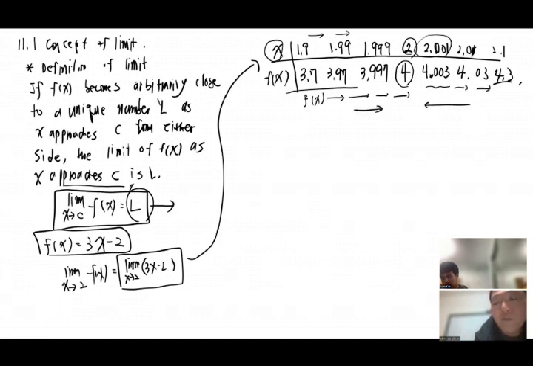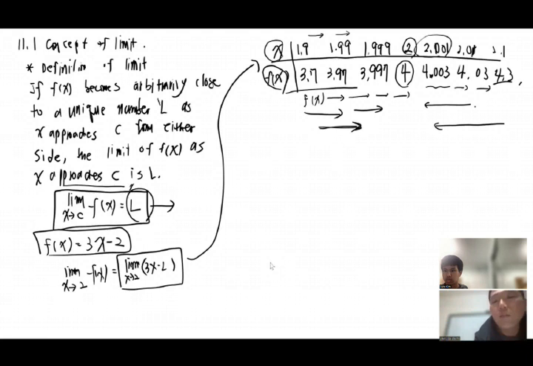So depending on which direction you're looking from, as x approaches the number 2, f(x) also approaches number 4 from the negative direction and the positive direction.